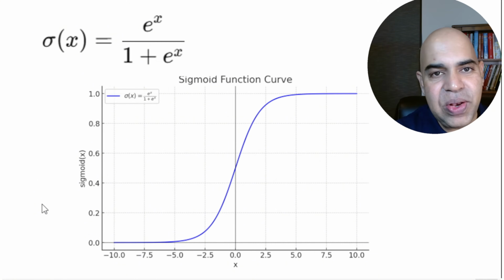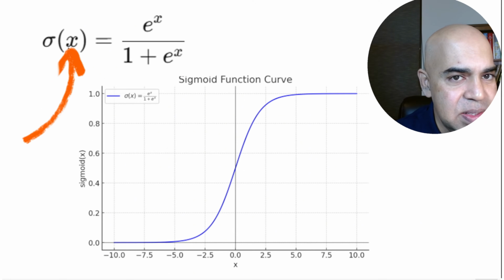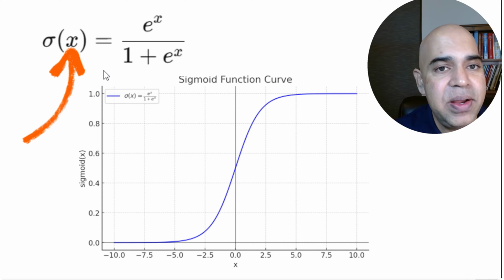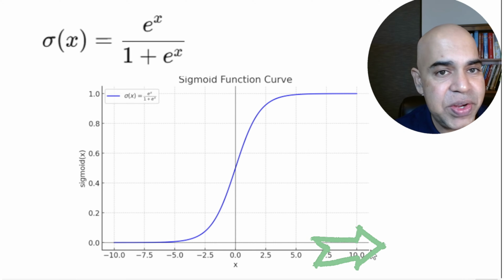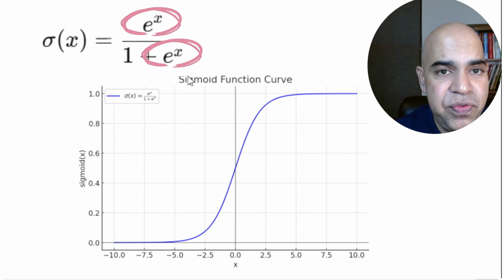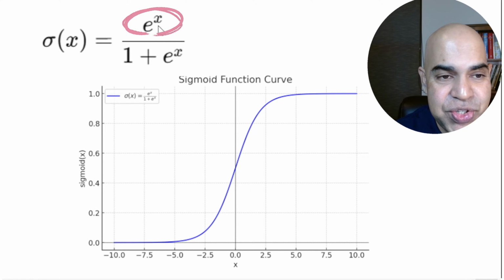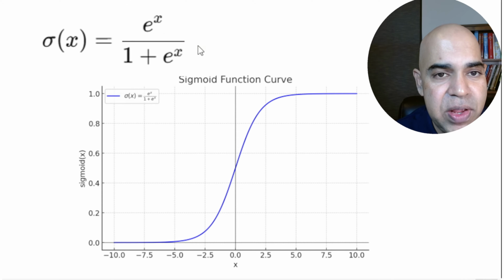Let's take a quick look at how this equation is formed. Let's say that x is a large positive number, so x is in this direction. In that case, e to the power x will be very large. So in the numerator, you have a very, very large number, and also in the denominator, you have 1 plus a very, very large number.